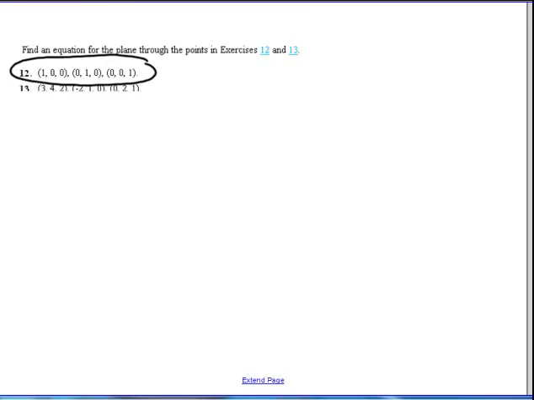It says, given these points, let's find a plane that contains all of those points. So let's find a vector first. Let's have this be our holding point.